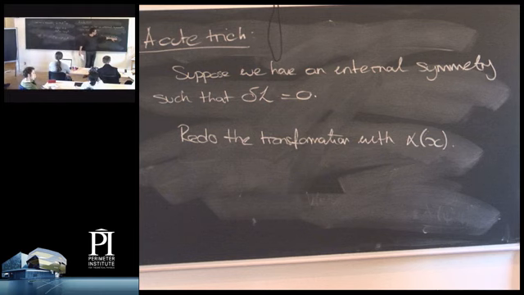Well, delta L must be proportional to the derivative of alpha. Okay, is that clear? This is the only kind of transformation you could have so that when alpha is constant, delta L is vanishing, as it must for a symmetry.